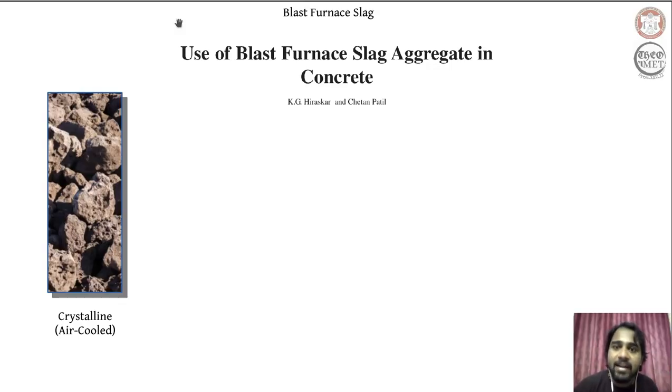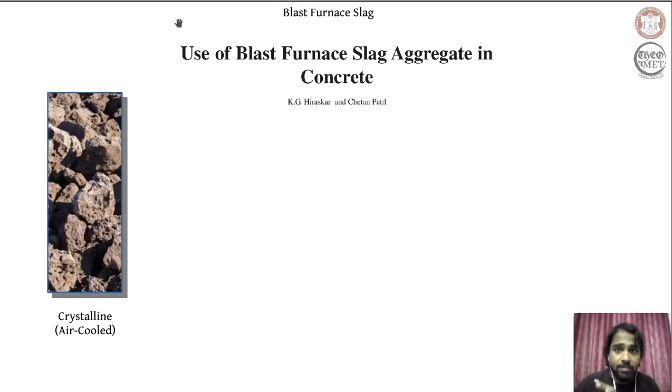But if that application characteristically operates on a minor scale, if the amount of blast furnace slag required in that application is low, it is no longer profitable to us because the amount of blast furnace slag that is getting produced is significantly higher.